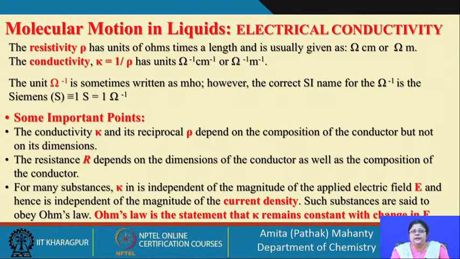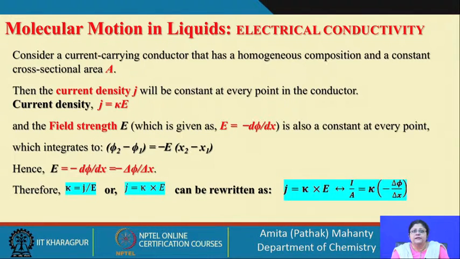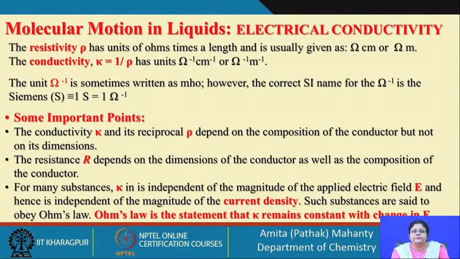If you remember, kappa is nothing but the current density J divided by E. So if we have a substance where kappa is independent of the magnitude of the applied electric field and hence of the current density, such substances are said to follow Ohm's law.